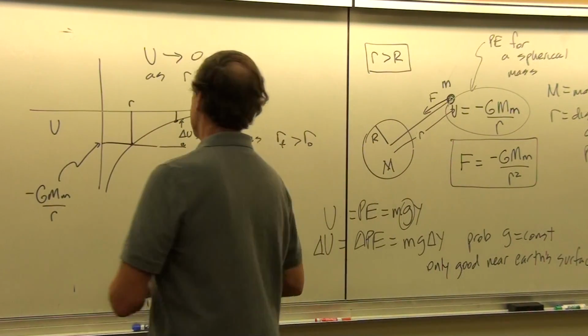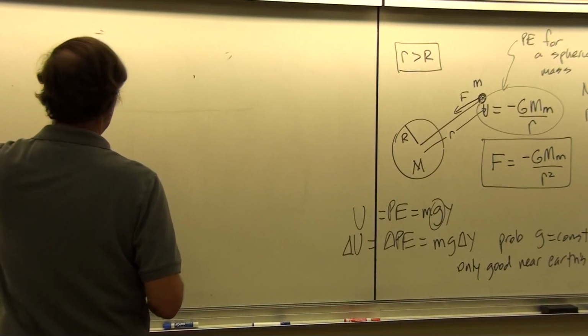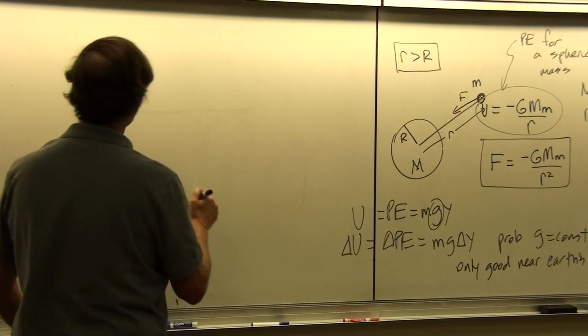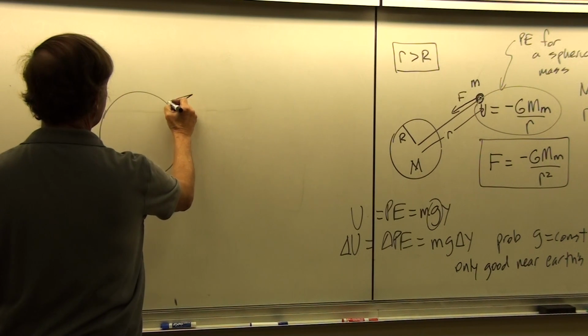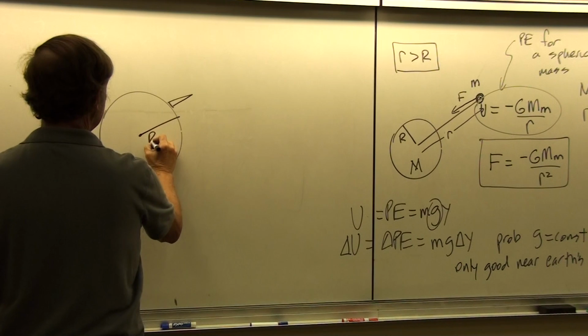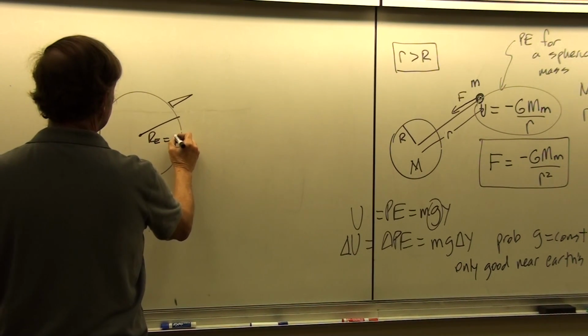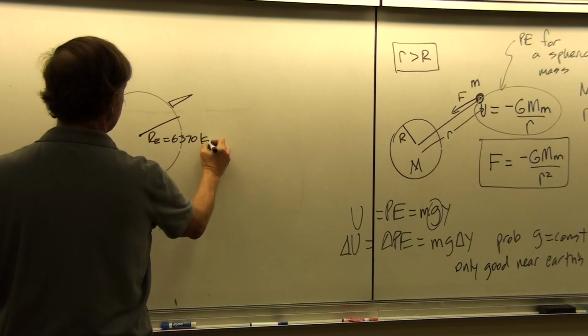So with that thought in mind, let's go to a spherical planet problem in which we've got a rocket ship, say, on the surface of the Earth, and the radius of the Earth is equal to 6,370 kilometers.